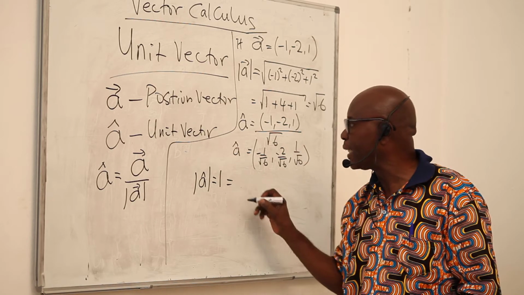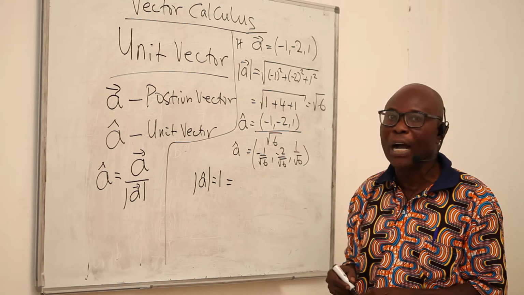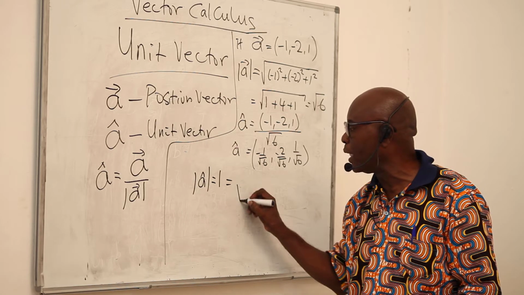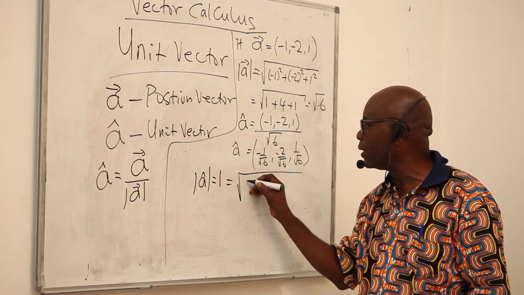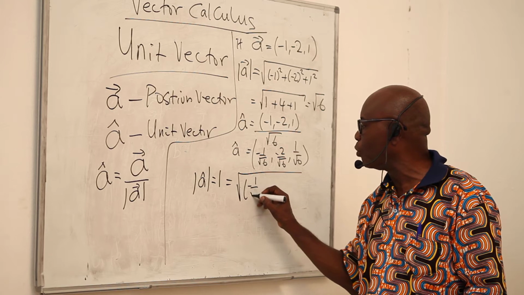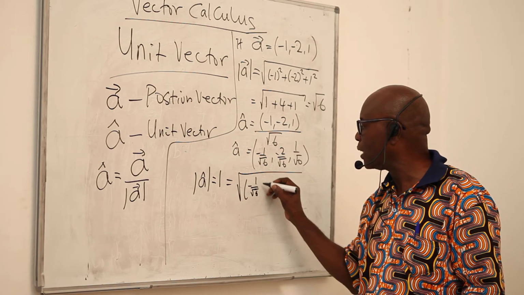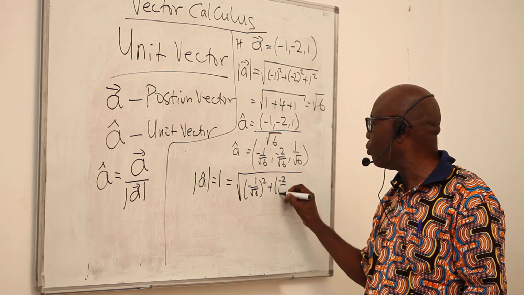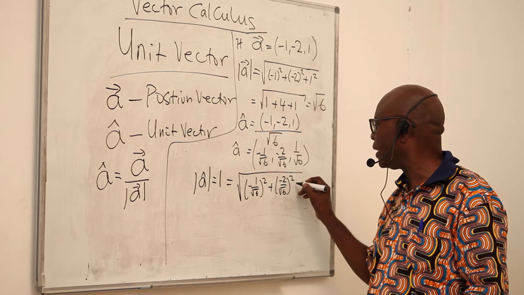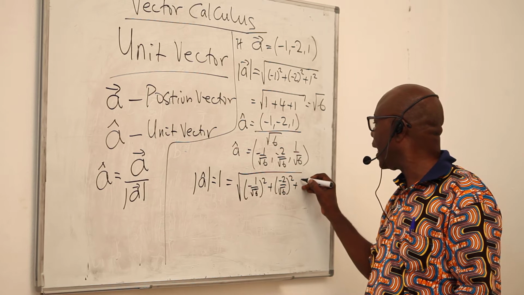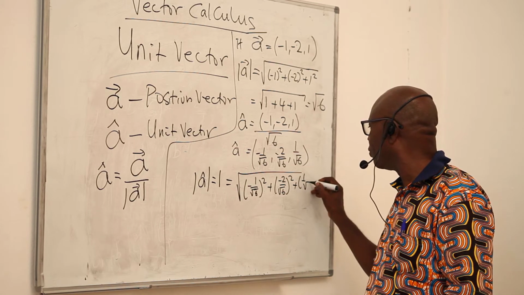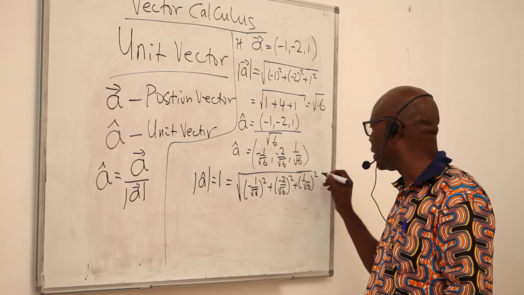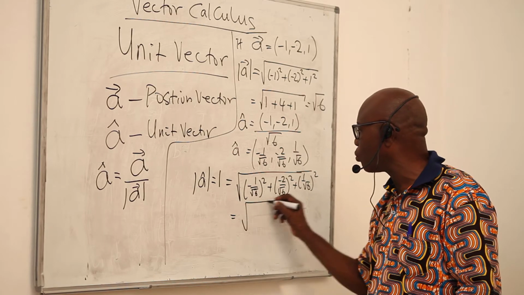We take the magnitude, and we know how to calculate it: the square root of the components squared. So (-1 over root 6) squared plus (-2 over root 6) squared plus (1 over root 6) squared, all under a square root.